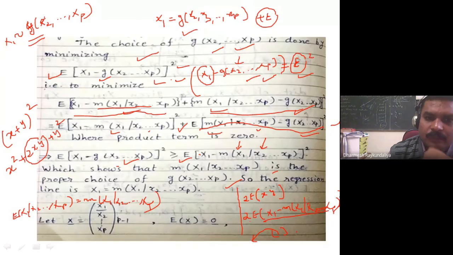So that means the suitable value of g of x2 to xp is nothing but m of x1 given x2 to xp. And so the regression line of x1 on x2 to xp is given by x1 equal to m of x1 given x2 to xp. So we know that the expectation of x is equal to this.